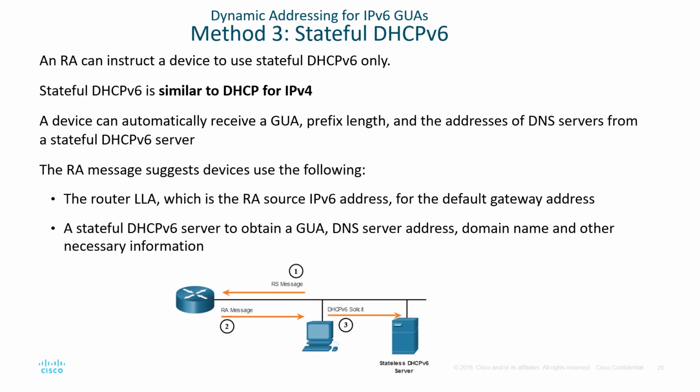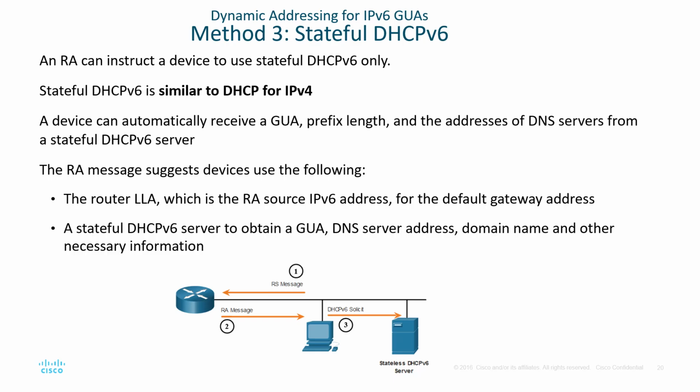And then lastly is method 3, which is stateful DHCP. So an RA can instruct a device to use stateful DHCP only, which is similar to DHCP for IPv4. A device can automatically receive a GUA, a prefix length, and the address of DNS servers from a DHCPv6 server.